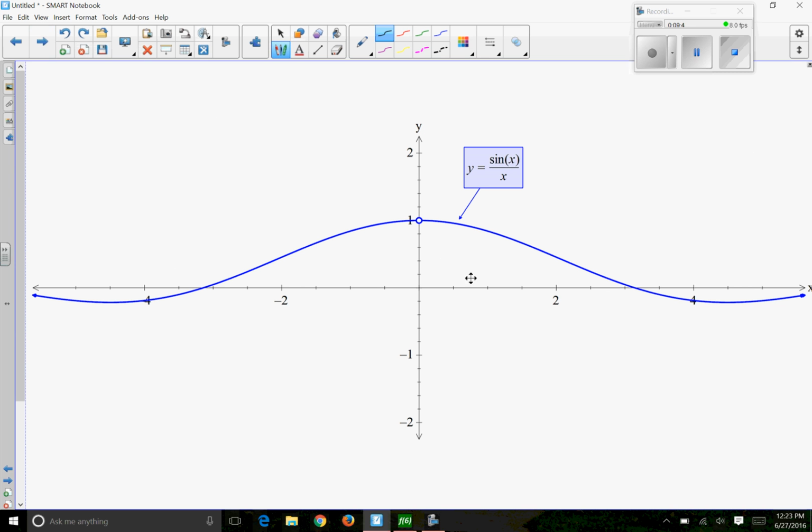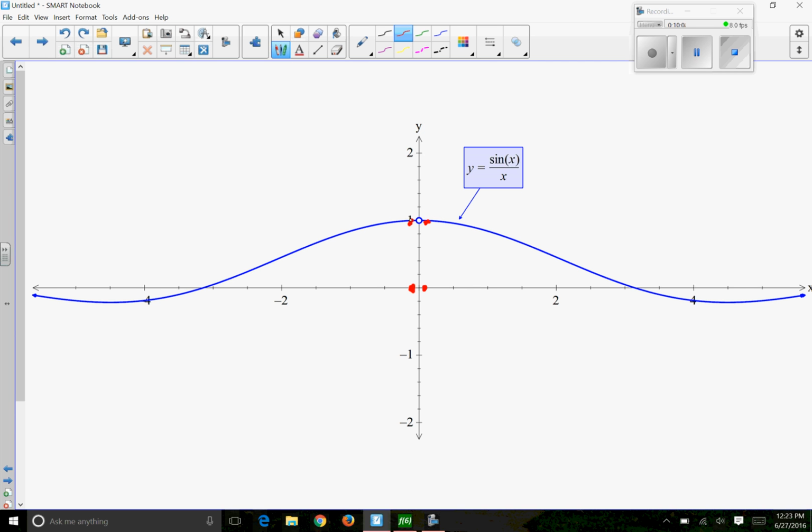And you can see that if x is very, very close to 0, like right here, the value of the function is right here, practically 1. That's if x is close to 0 on either side of 0. So here's another x value that's really close to 0, the value of the function is here.